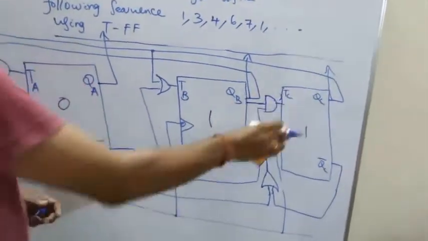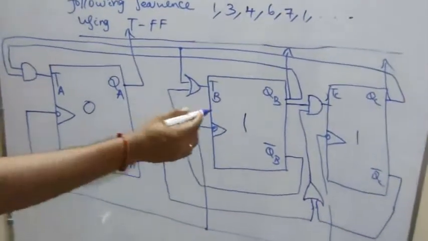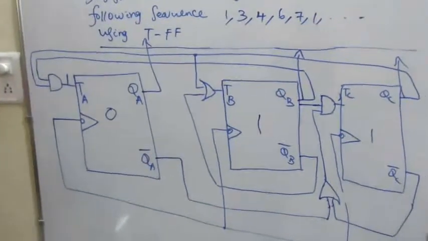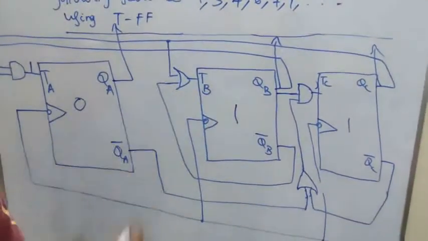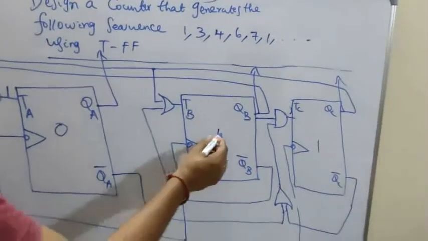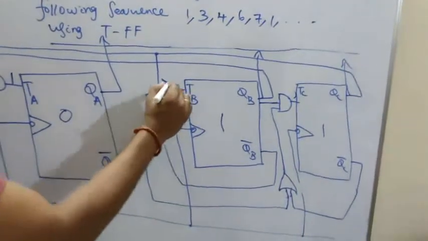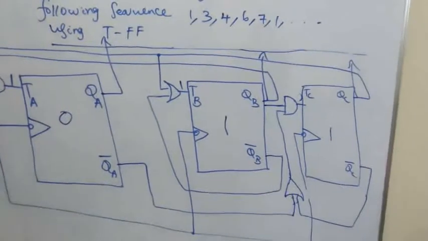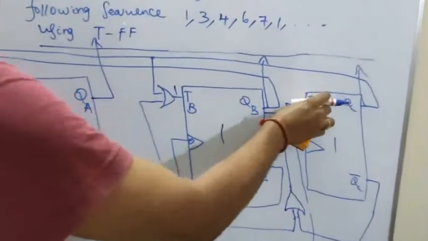Okay. So now TA has the expression BC. B and C are both 1, so the output is going to be 1. Then what about TB? TB is B dash plus C. B dash is going to be 0, but C is 1. It is given through an OR gate, so TB input is going to be 1. What about TC?